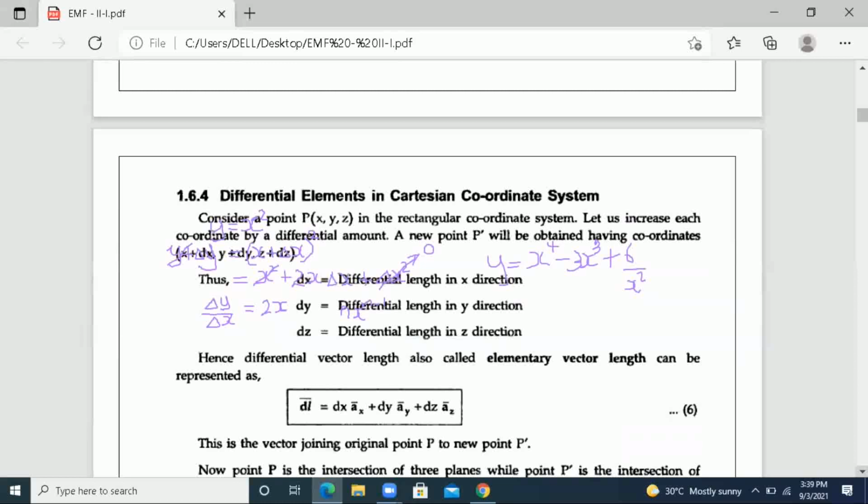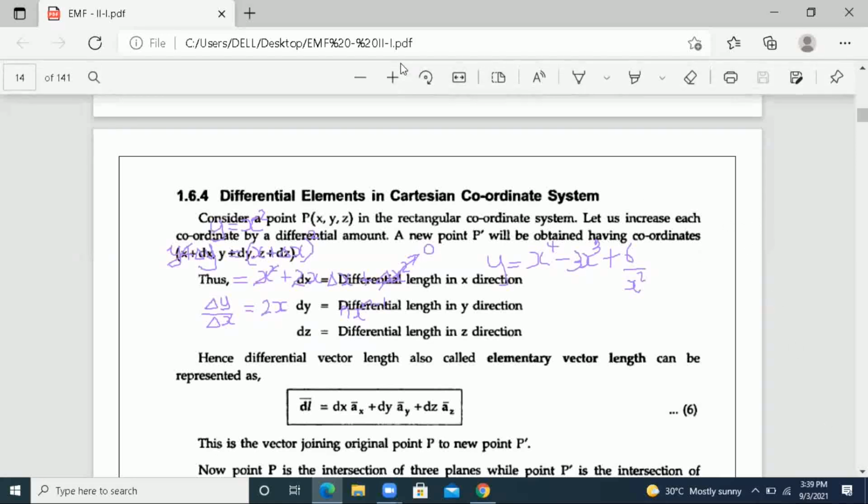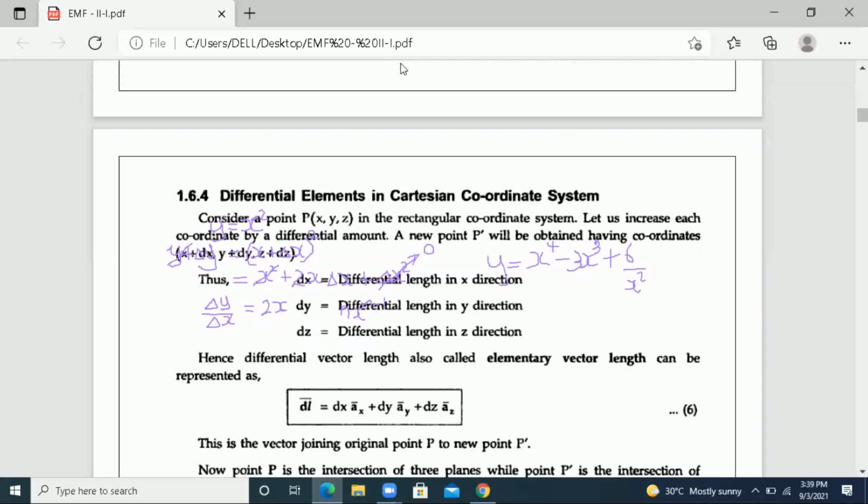So when we talk about differential elements, we will be able to appreciate that.